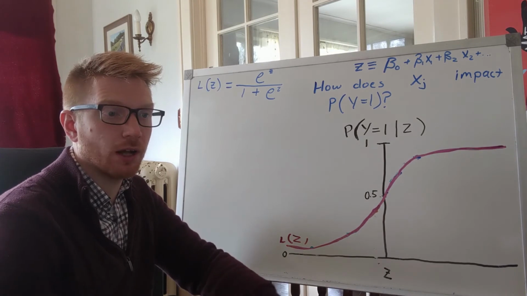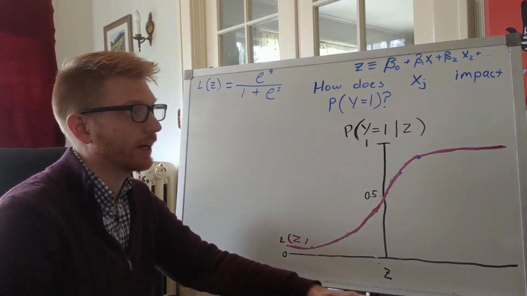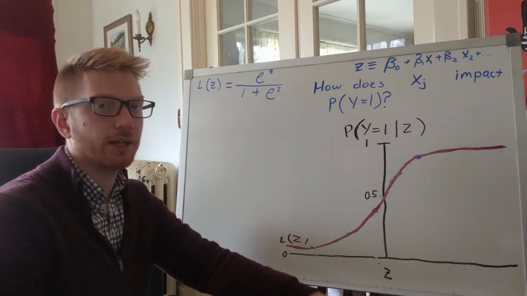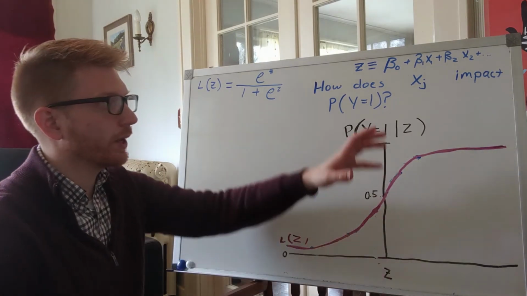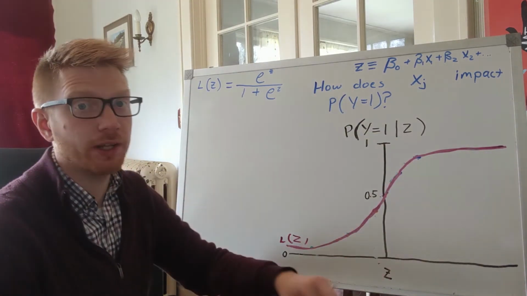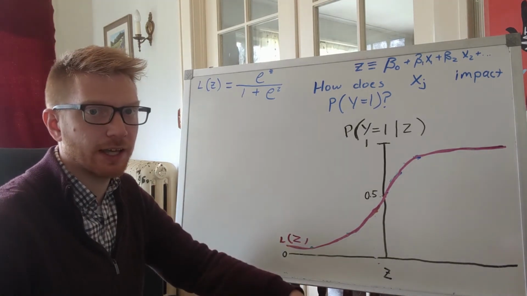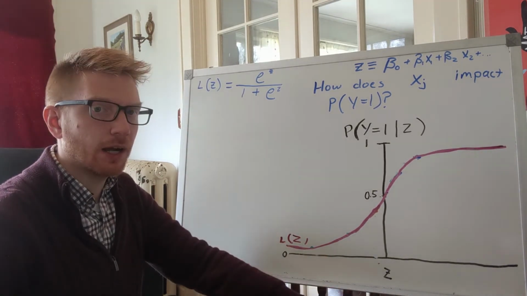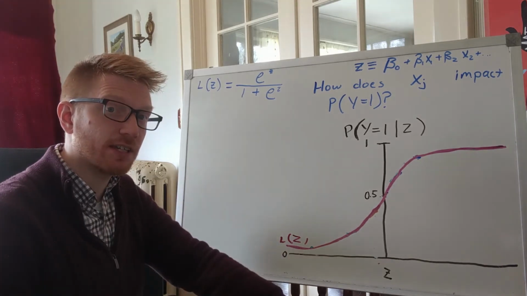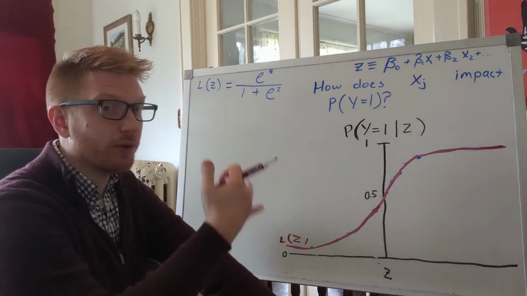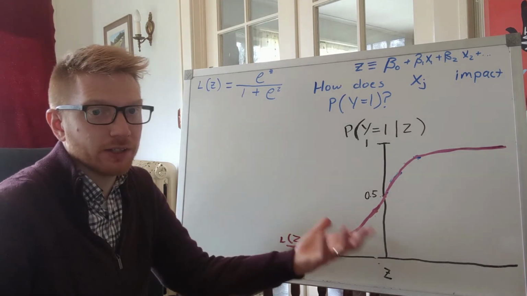One final way to think about how xj impacts the probability. So we looked at how a 1 unit increase impacts the probability. For the average, we looked at that for an individual. But oftentimes, as we've seen, a 1 unit increase isn't the right thing to look at.